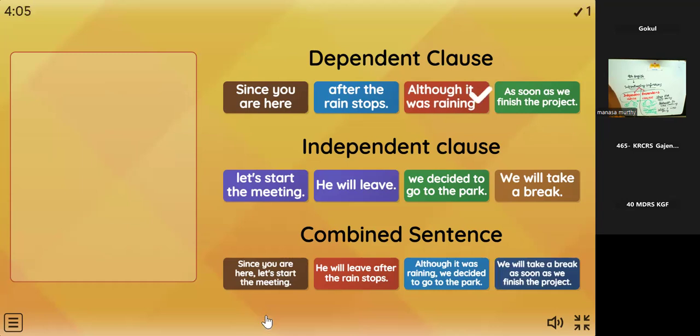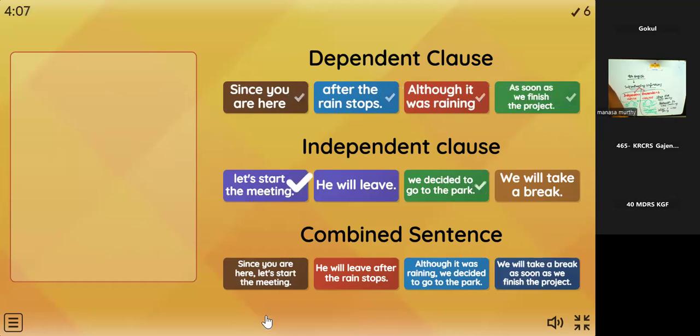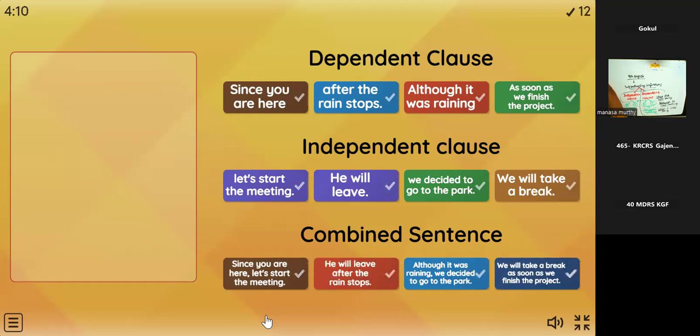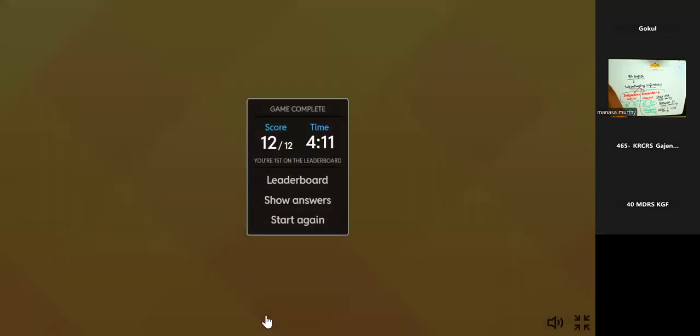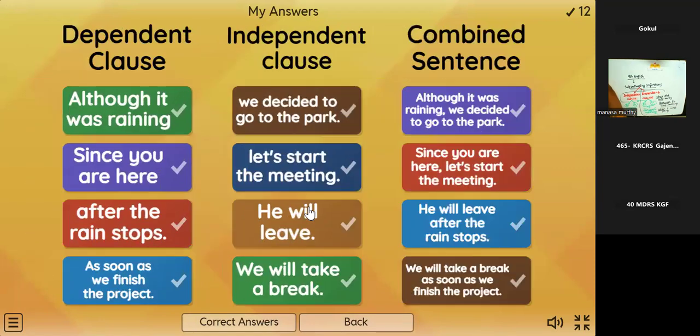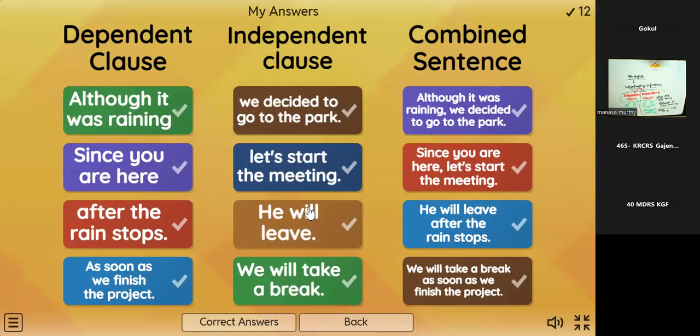Shall we check? Exactly. We have identified dependent and independent clauses. Combining these two, we have also framed the sentences. Please note it down. I'm giving you a minute's time.